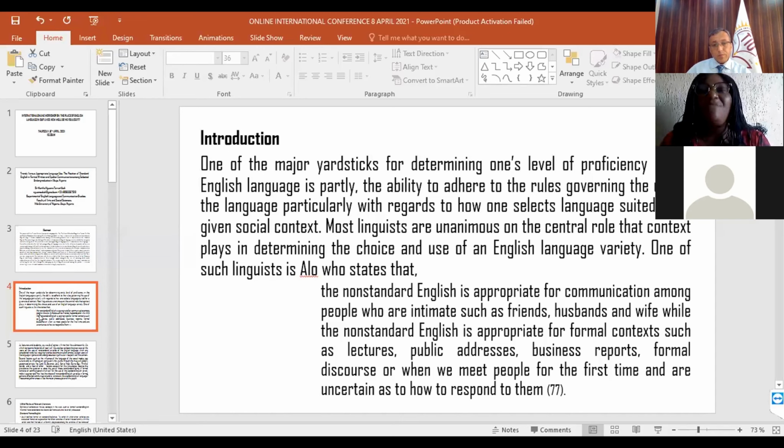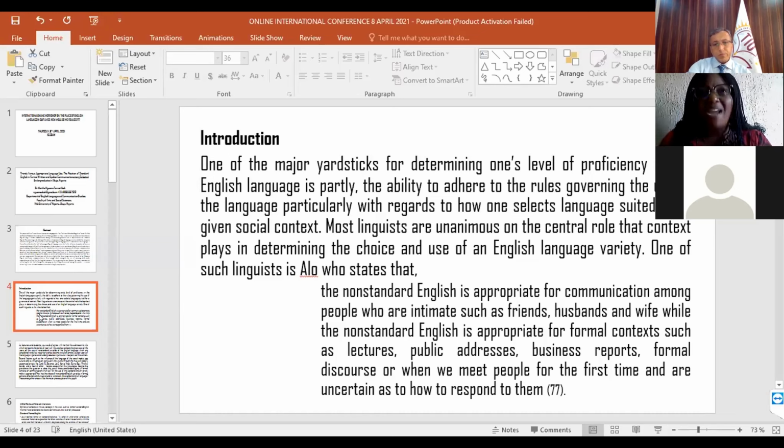Consequently, if the context is formal, and by formal, what is one talking about? What is the setting? Is it a classroom setting? Is one talking about academics? Is one talking about, for instance, politics, governance? All this will determine the social context, which in this case will call for the use of the standard English variety.